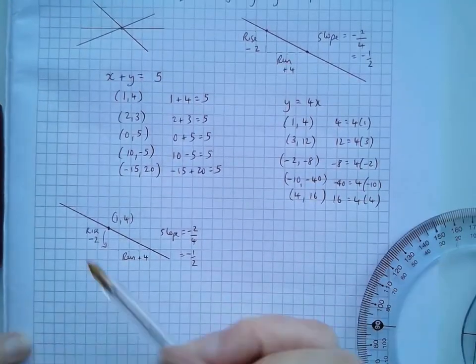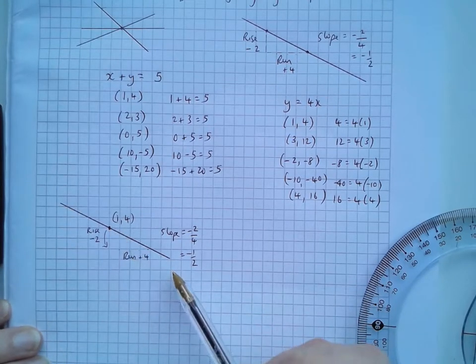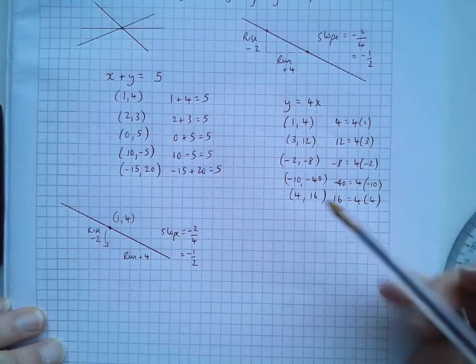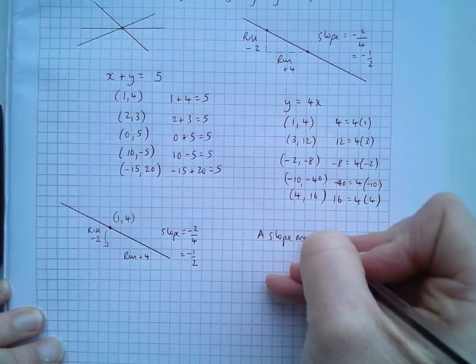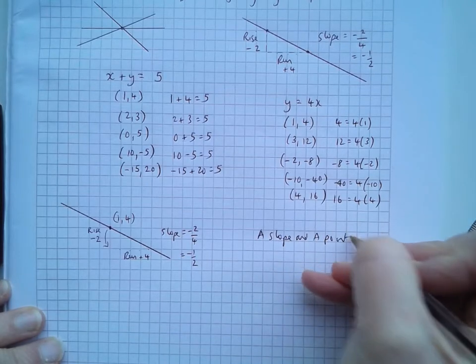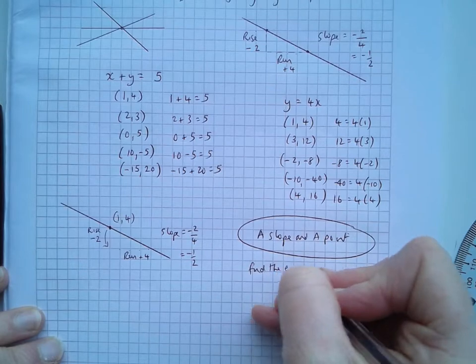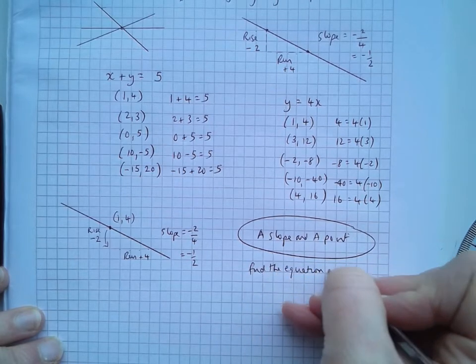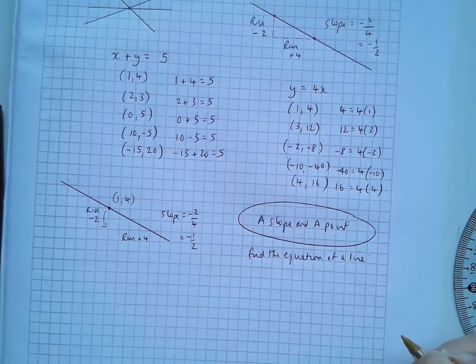There isn't another line that goes through (1, 4) that has a slope of -1/2. So once we have a slope and a point, we can find the equation of a line.